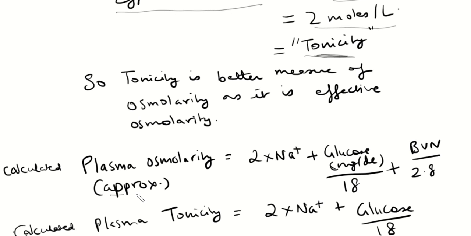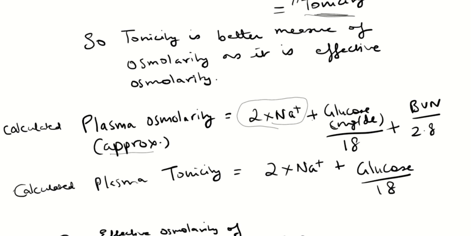It's approximate, and it is 2 times the sodium concentration, plus glucose in milligrams per deciliter divided by 18, plus blood urea nitrogen divided by 2.8. Okay, so again, that's calculated, and that's approximate. We'll look more into this in just a bit, when we look at this equation in more detail. But for now, that's how we calculate.